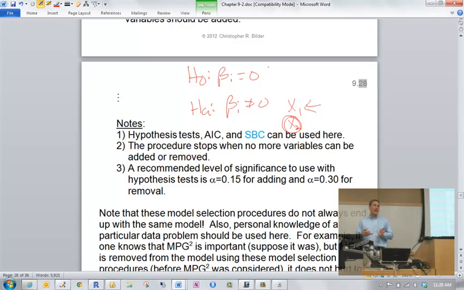And you're not necessarily making those kinds of conclusions that you would with hypothesis testing. But again, as a reminder, this is where your knowledge of a particular problem can be very helpful. If you knew that FTP should indeed be important, it doesn't hurt to still leave it in the model. You can always remove it later on. Okay?